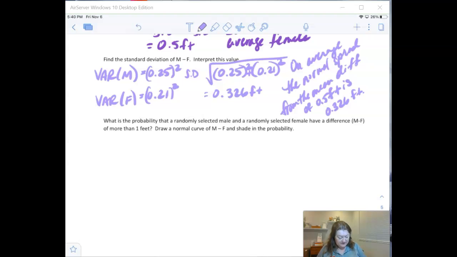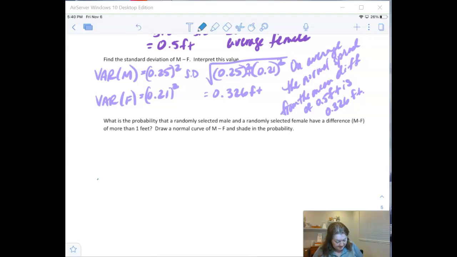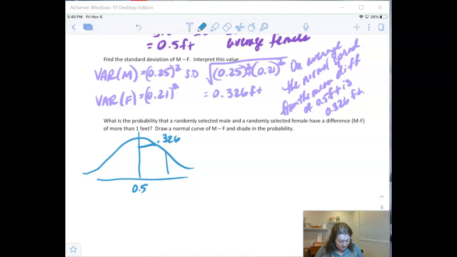Let's draw that really quick because we've been going a long time now. I'm sorry about that. We're saying that the average difference between them was 0.5, and the average spread was 0.326 feet. So over here would be something like 0.826, and they're asking basically at 1, how many would be taller? So we're looking for this part in here.